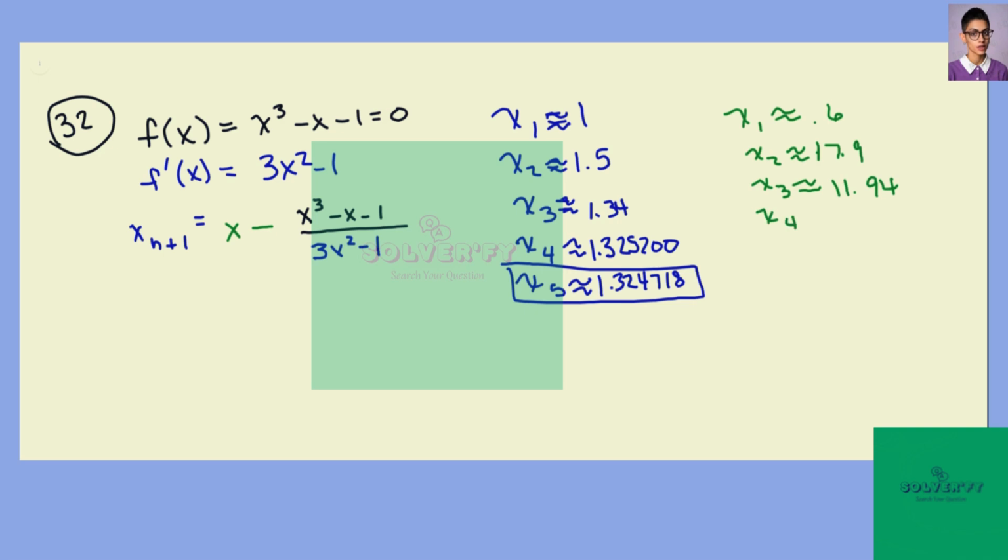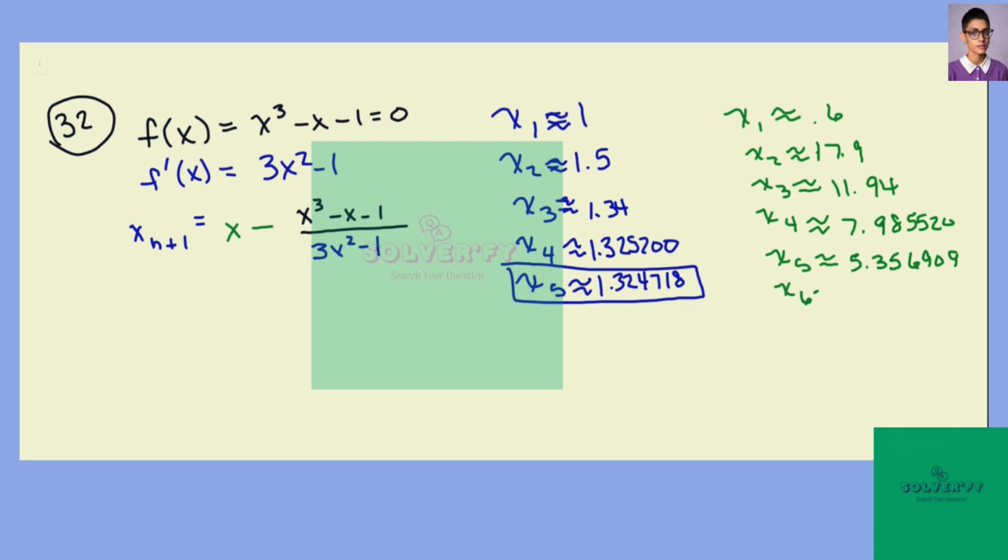X sub 4, 7.9855520. X sub 5 is approximately 5.356909.